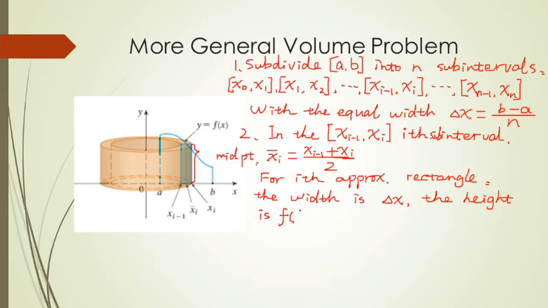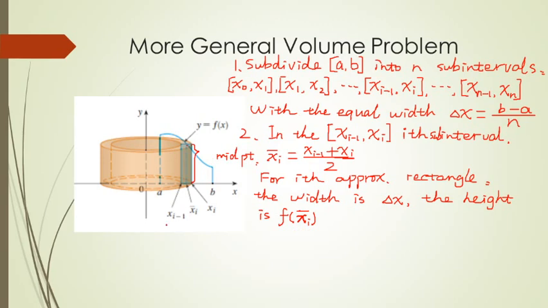It can be the left endpoint or right endpoint, but here we just choose the middle point. We have the sample point as a more general notation. So the height of the i-th rectangle will be f(x_i bar), and of course the area of the rectangle is the height f(x_i bar) times delta x. No problem.